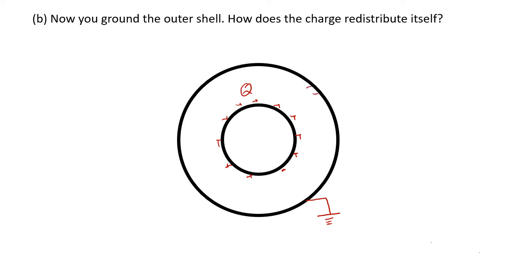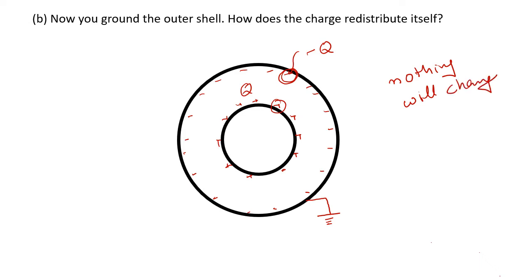And we had said there was charge sitting minus Q on the inner surface over here. This particular charge is attracted to the charge plus Q. That attraction hasn't gone anywhere, so why would this charge want to leave to the ground? This charge would still stay there. So nothing will change. Everything will remain the same. Nothing would change in the problem.